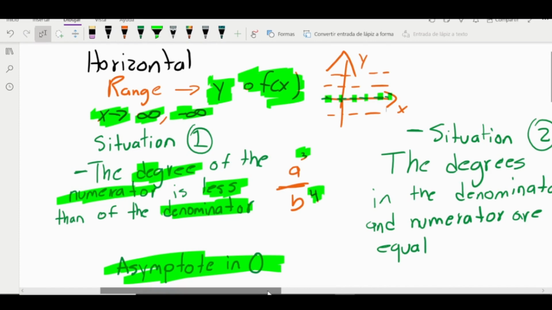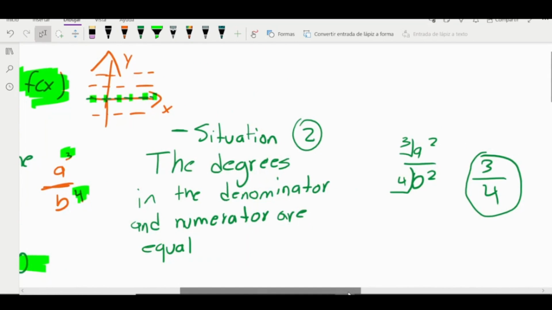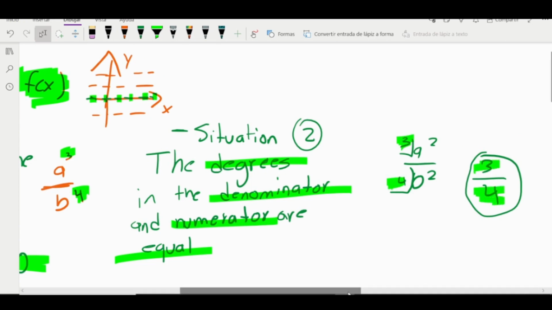The second situation is when the degrees of the numerator and the denominator are equal. Here we need to take the coefficients. When we take the coefficients, we are able to find the asymptote. For example, 3/4 is going to be the asymptote in this situation.